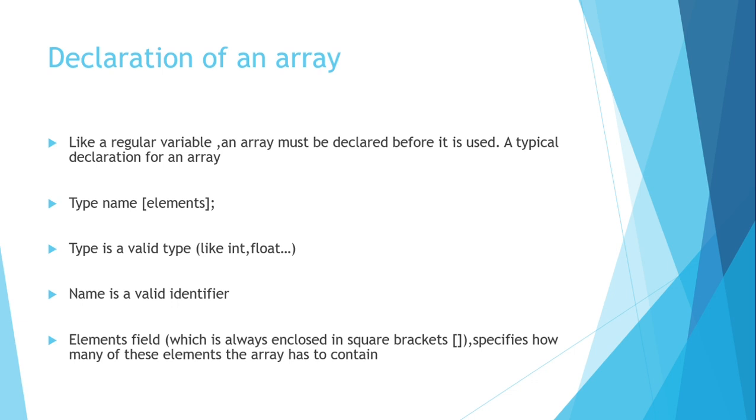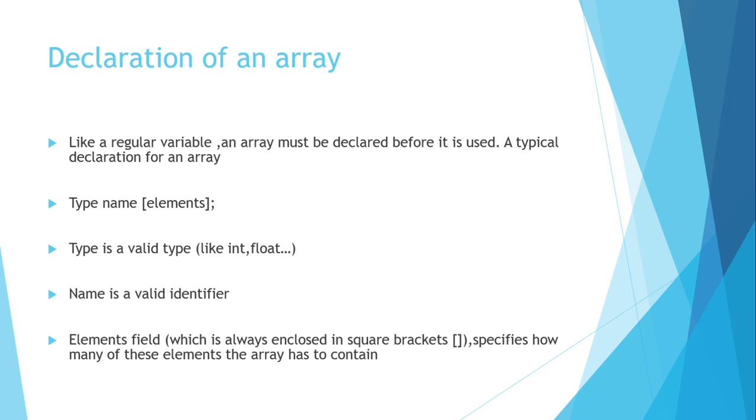Declaration of an array. Like a regular variable, an array must be declared before it is used. A typical declaration for an array has type, name, and elements. Type is a valid data type, and name is a valid identifier. What it means is how we are going to declare arrays. It is like a normal declaration: just as you declare a variable name with a data type, an array is declared with the same data type.